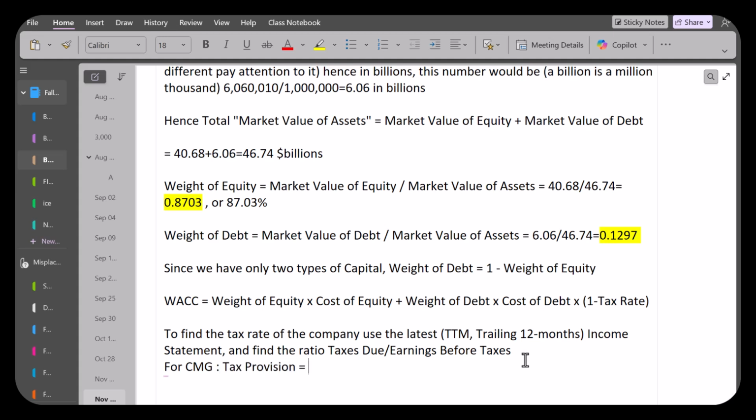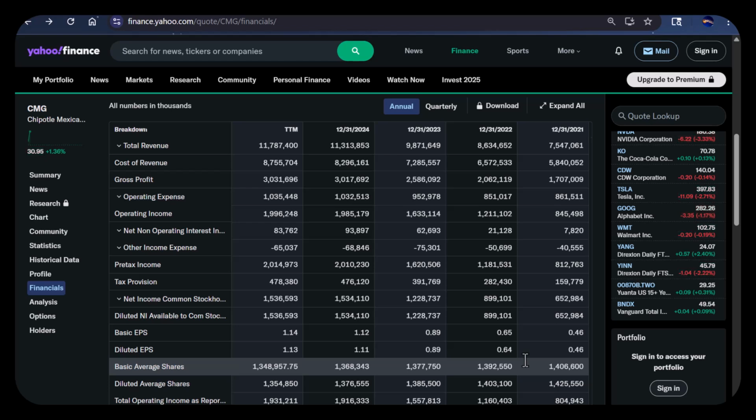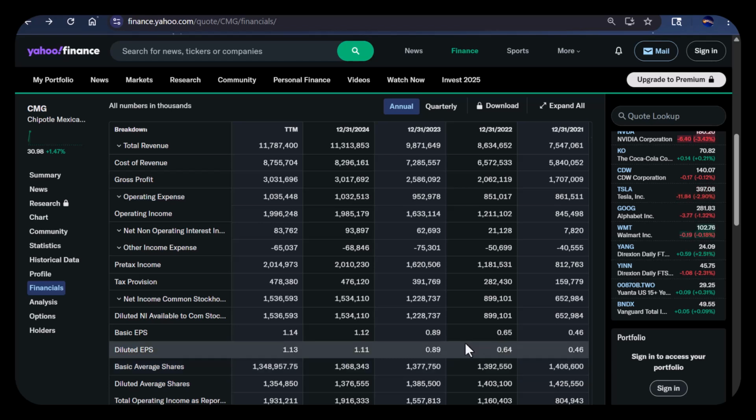That does not necessarily mean that's the actual taxes they have paid, because sometimes you can defer taxes or pay it early, but this is the provision, how much the firm imagines that they will pay eventually, not necessarily that fiscal year.